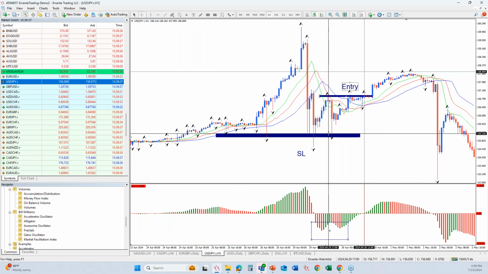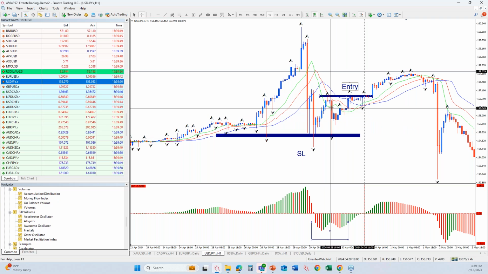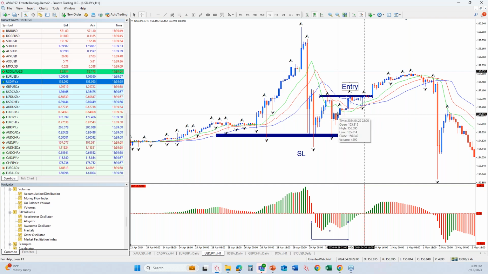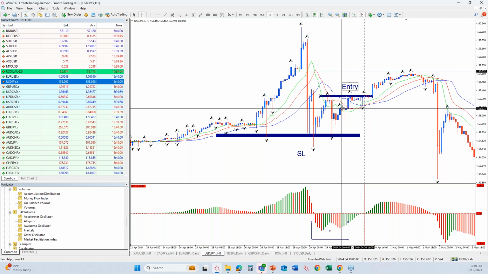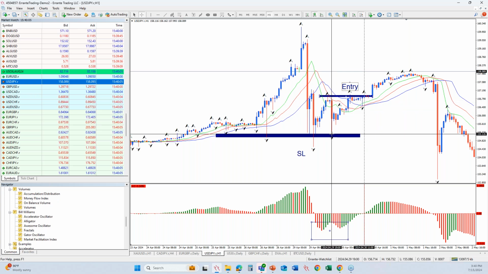Okay, that's the case, but some books say we can consider the bottom fractal after 2 candles, once that is identified, and then we can get into the market above the high of the bottom fractal.